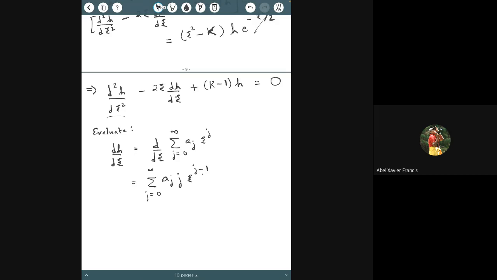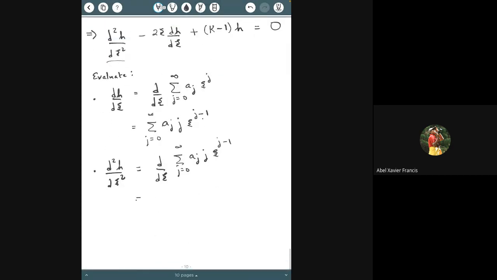Okay? Then the next thing is d squared h d psi square. And that is now d d psi of j to the power j minus 1. That is equal to sum j equal to 0 to infinity aj j into j minus 1 psi to the power j minus 2. Okay.